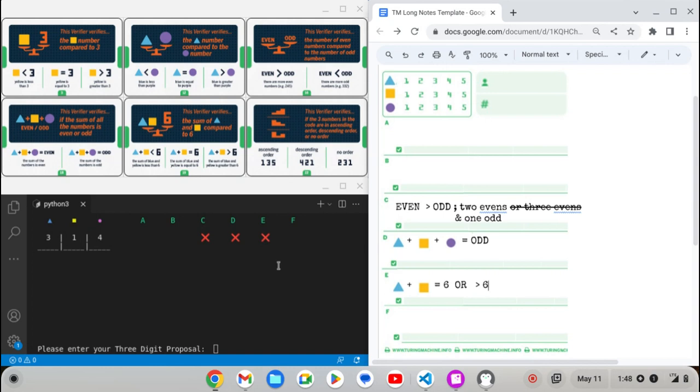So now we're looking at our new proposal, and if it were a 6, the only way it could be a 6 is if we had a 2 and a 4, right? Because we do have two evens, and it couldn't be an even and an odd. That's not possible, because an even plus an odd is an odd, and obviously 6 is even.